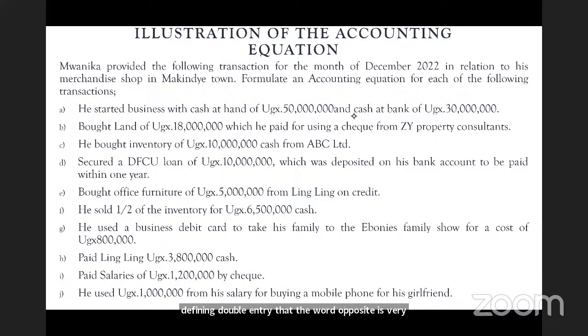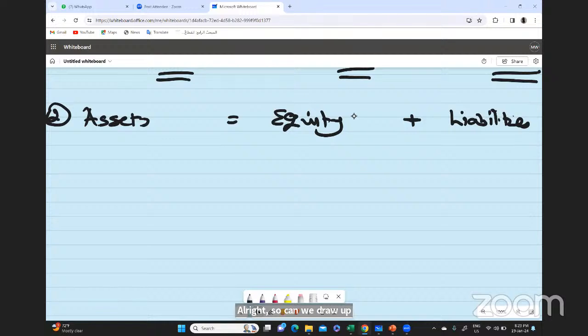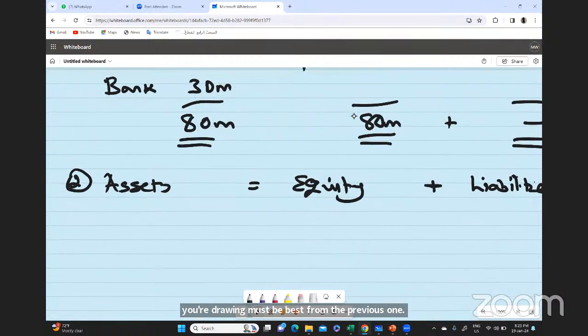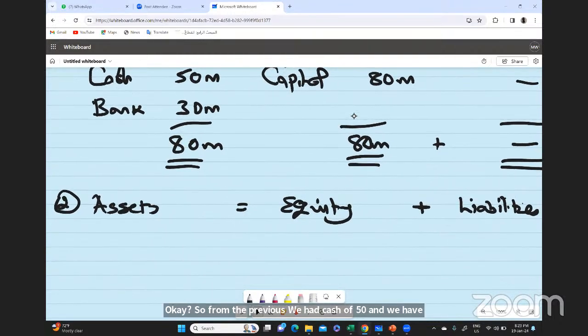All right, so can we draw up our accounting equation? When you are drawing these accounting equations, the one you are drawing must be based on the previous one. From the previous, we had cash of 50 and bank of 30.